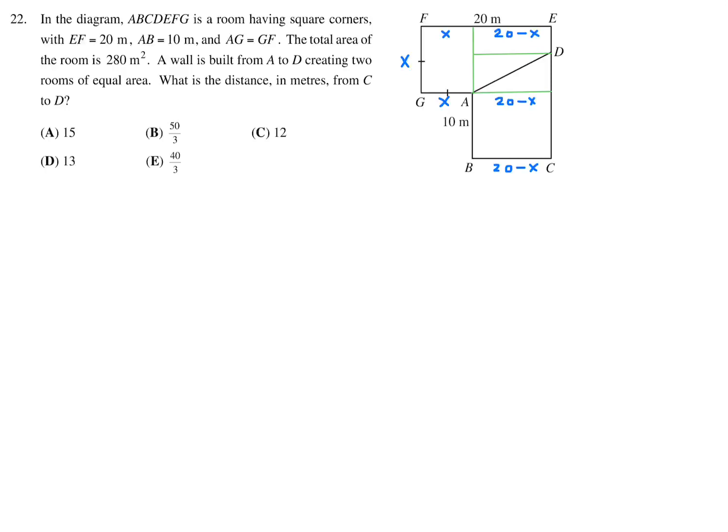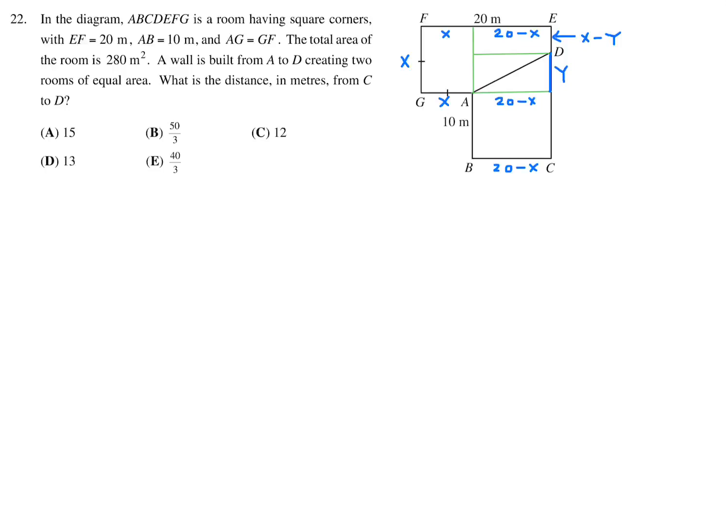And anything else I need to label? From here to here is X, right? It's the same as that one. So I'm going to label from here to here Y, and therefore here is X minus Y. And I think that should be it in order to get the answer.